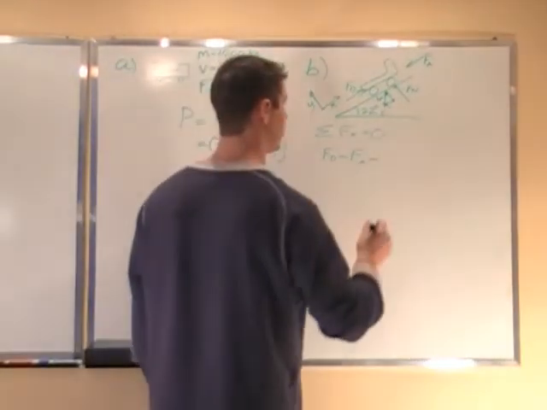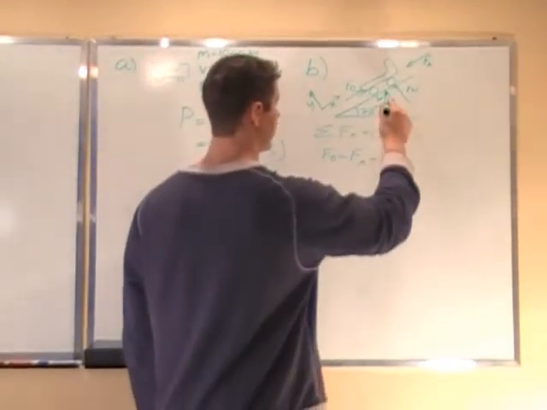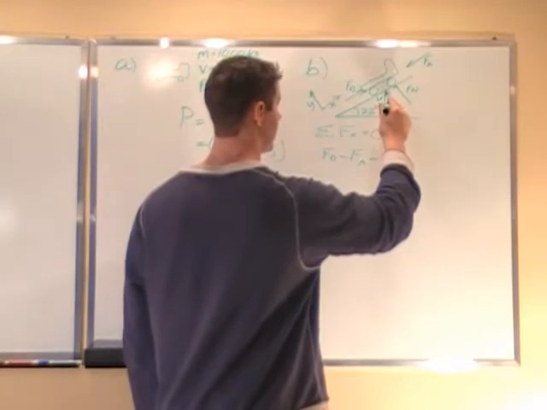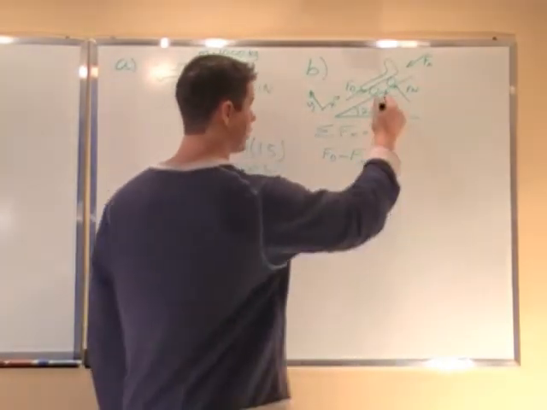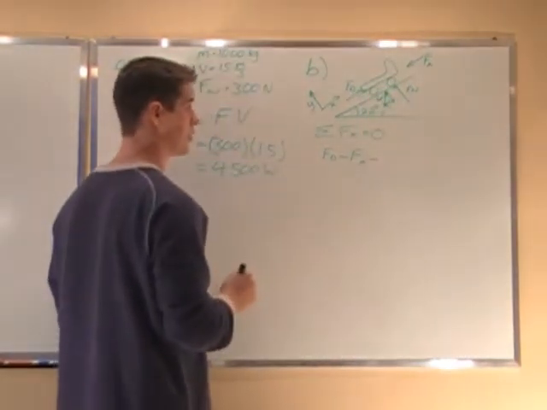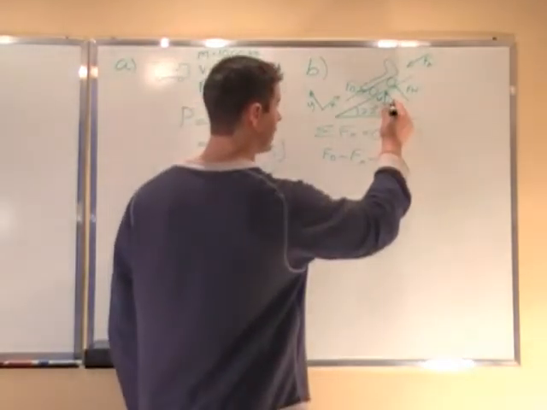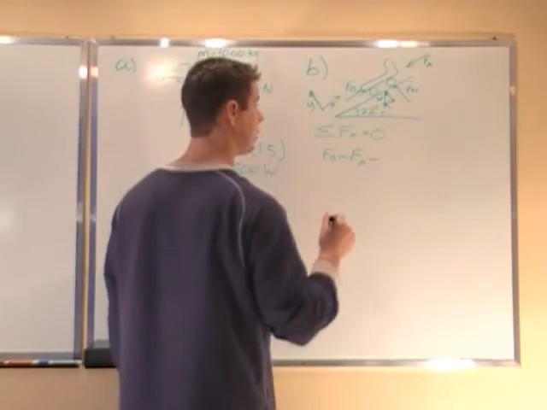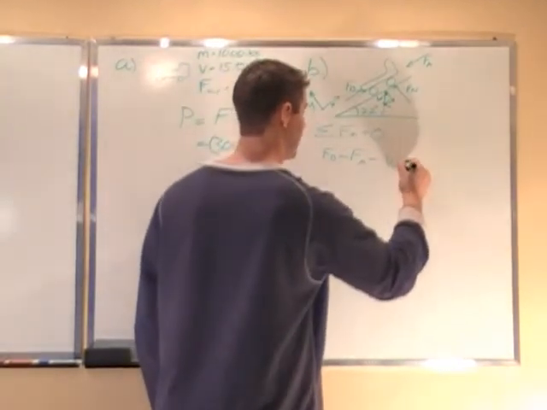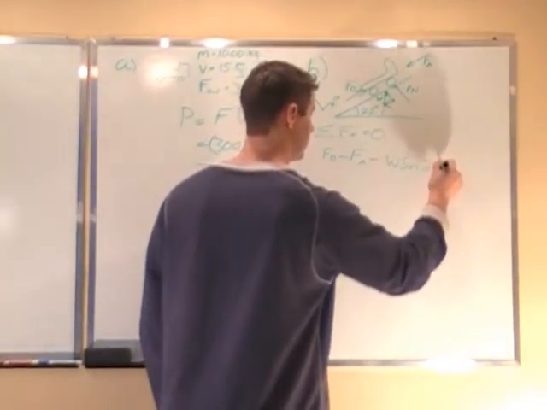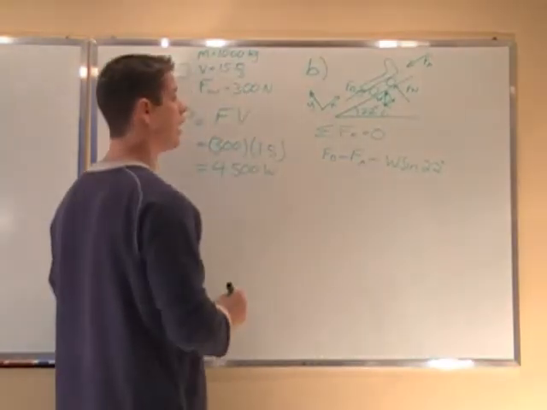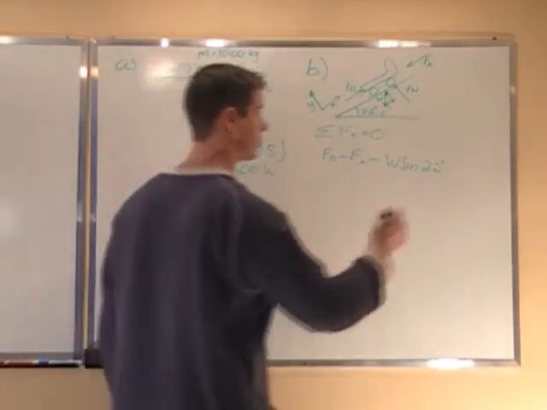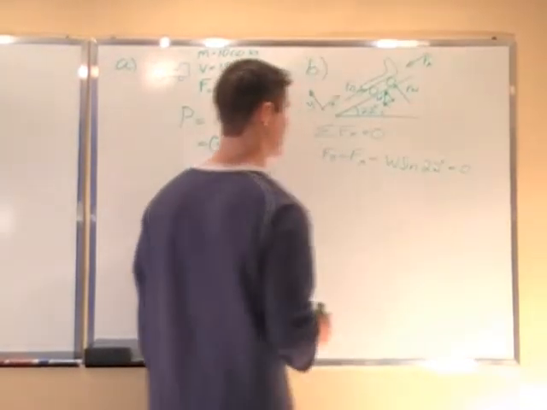Now if that's a 22 degree angle and I want this, I know that this is my 90 degree, this is my hypotenuse here. My hypotenuse is the weight, so I'm going to use sine to get my x weight. So W sine 22 degrees, and those are all my forces in the x direction, equals 0.